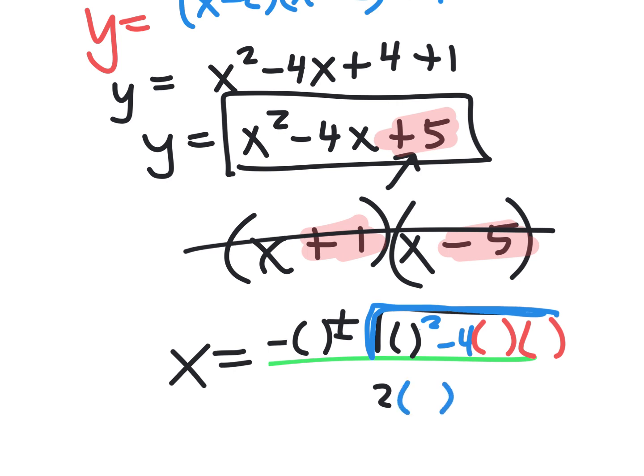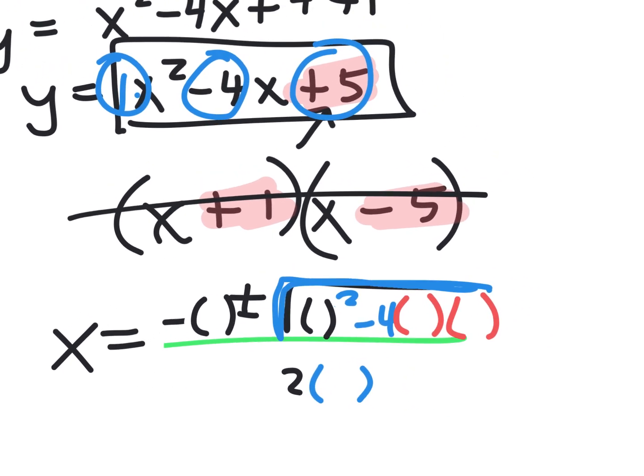There, I just made it what I call the skeleton form of the equation. And now I know a is 1, b is negative 4, c is 5. Put those all in, simplify it as much as you can. If you ever notice, there's only one spot to put c.